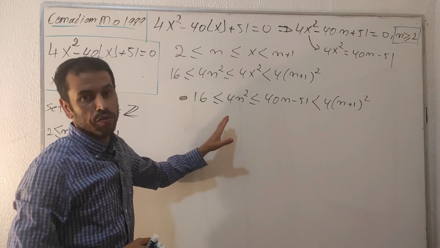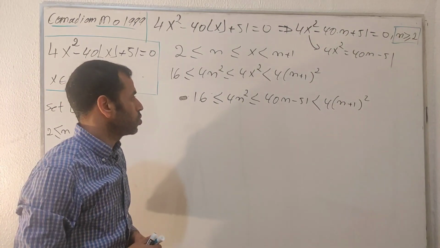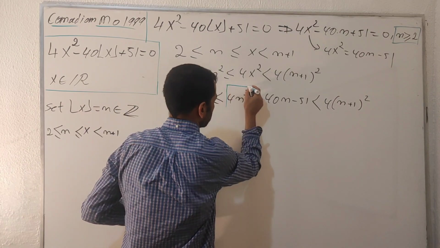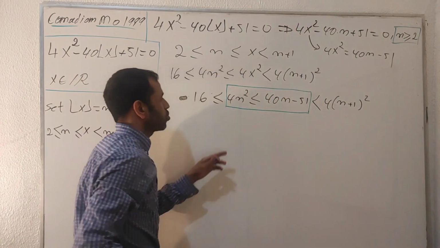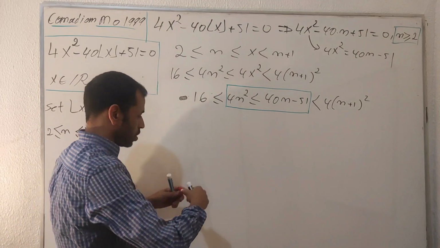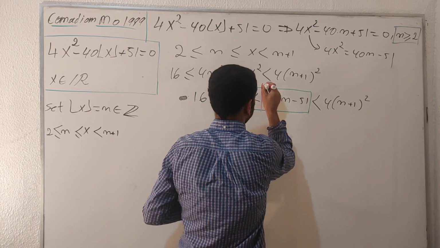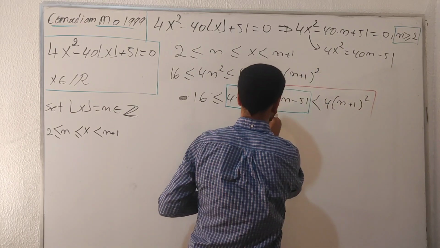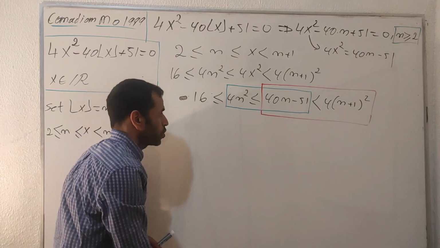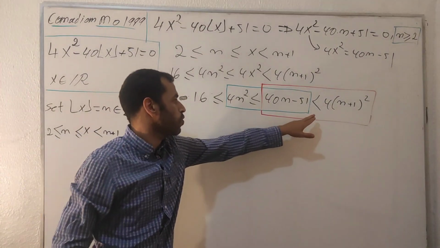Since I have a long inequality here, I'm going to divide it into two inequalities. I'm going to take the central inequality first, then the other side, and discuss both inequalities separately.